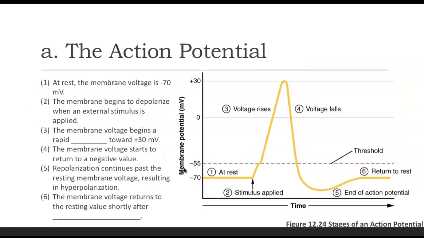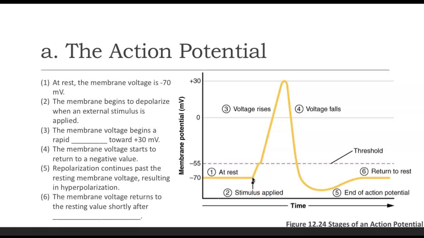Now let's talk through this graph as an action potential takes place. At number 1, we can see that our neuron is at rest at negative 70 millivolts. At number 2, some type of stimulus is applied. Let's say you are touching a hot stove, right? That's your stimulus, that heat is coming in.